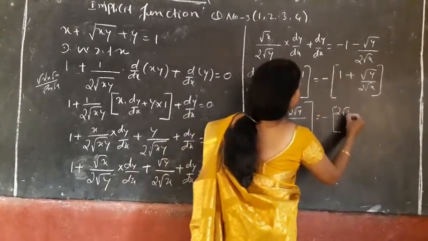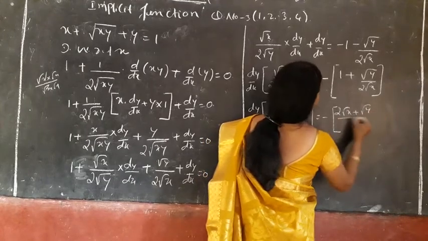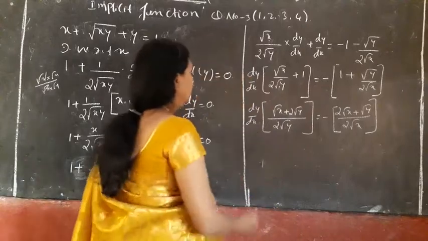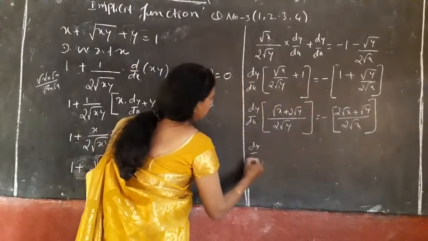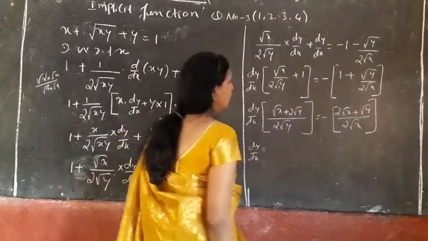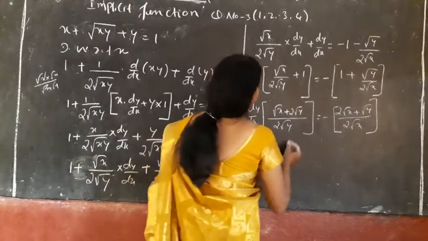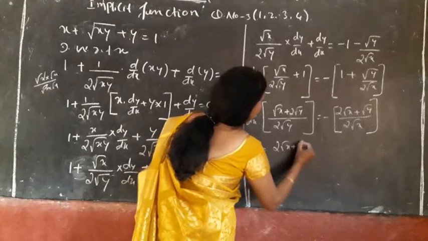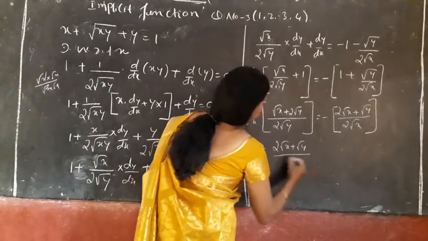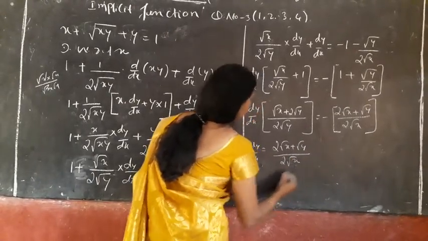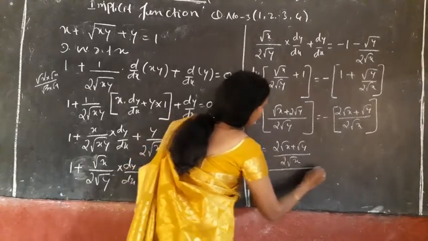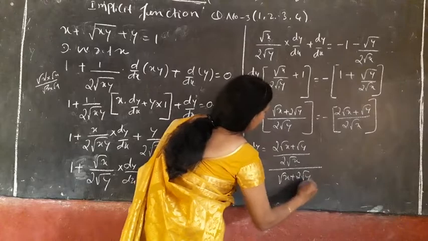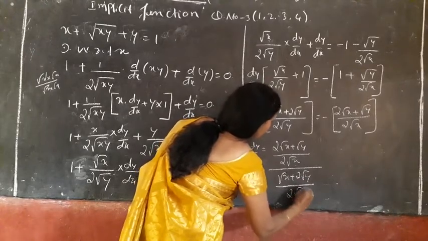We get 2 root x plus root y divided by 2 root x. Next, dy upon dx equal to 2 root x plus root y divided by 2 root x, whole divided by root x plus 2 root y divided by 2 root y.